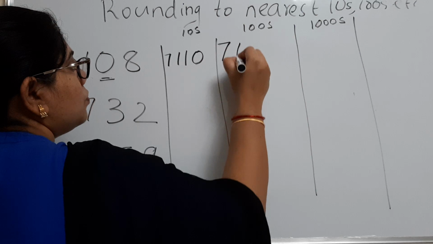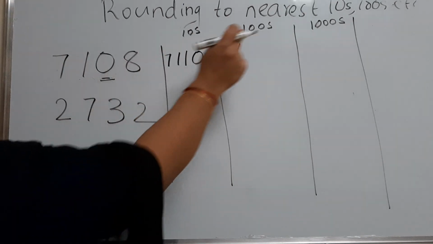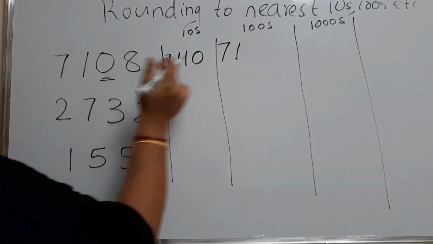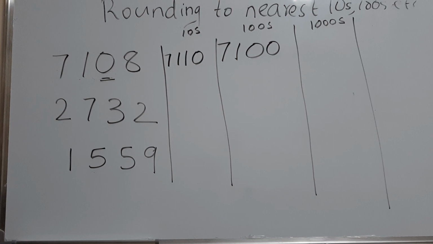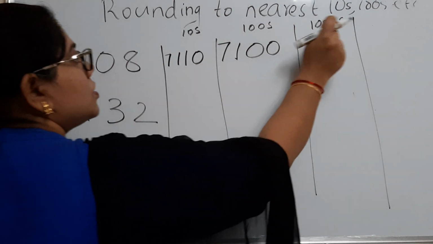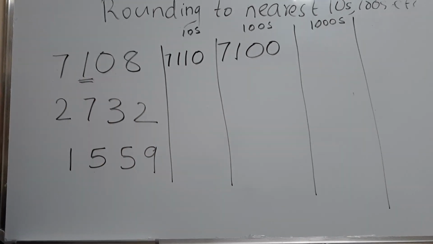So this 71 remains the same. Then rounding to the nearest hundreds means you want to put 2 zeros. So 7100.